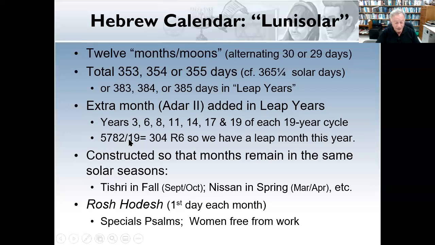And the answer is, does anybody remember long division where you had remainders? So you divide the year, this year is 5782, by 19, and you get 304 remainder 6. And so since remainder 6 is one of these years, this year we get a leap month of Adar.